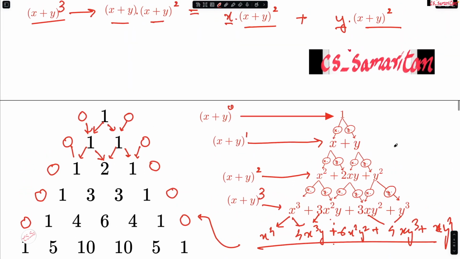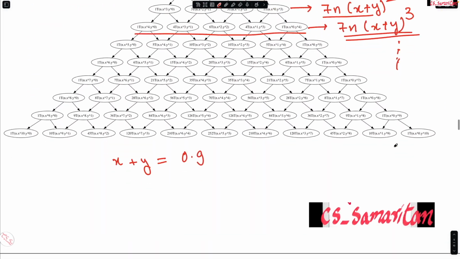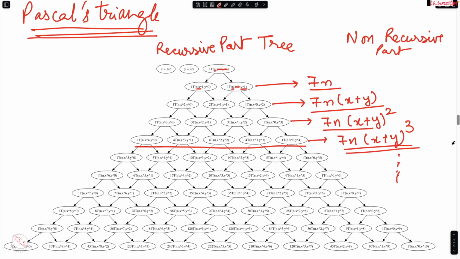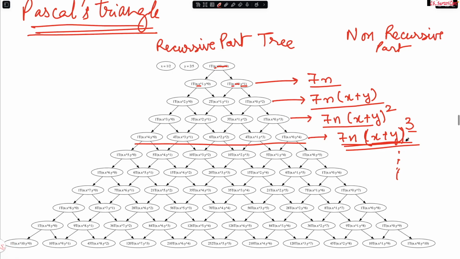Now one more thing: x plus y, as I've calculated over here, is equal to 0.9, right? So whatever this x plus y is being raised to, even as we tend to the limit, this part is itself diminishing. This term, when the exponent becomes very close to infinity, is going to tend to 0, right?